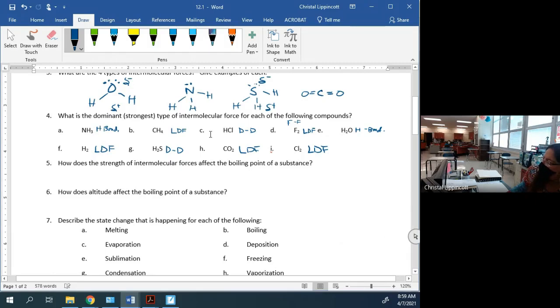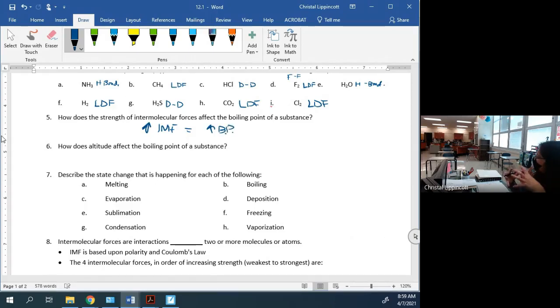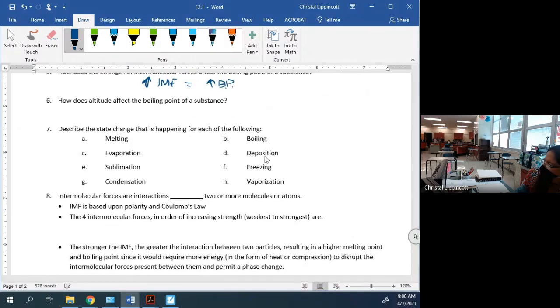All right. How does the strength of the intermolecular forces affect the boiling point? If you have an increase in IMFs, that's going to equal an increase in boiling point, because it's going to hold those molecules together tighter and prevent them from changing into another substance. Altitude affects boiling point.